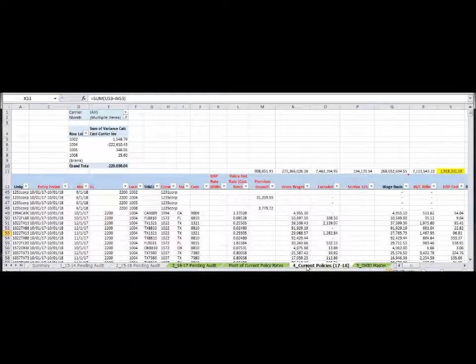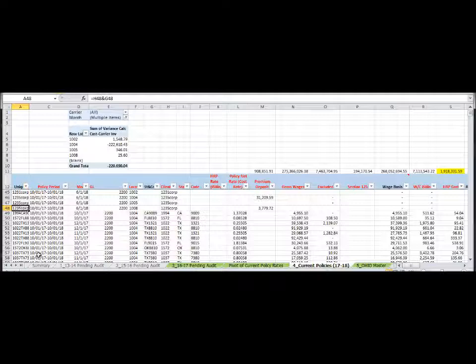So what I do to get my unique is over here back on the current policy tab, I use the concatenate formula with those columns to give me what I call a unique number, so that each one will have its own policy net rate, and there should never be more than one.